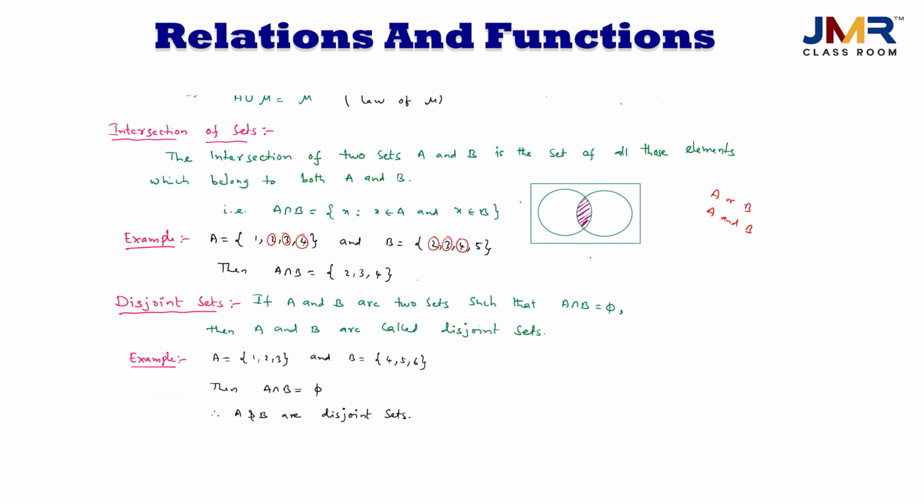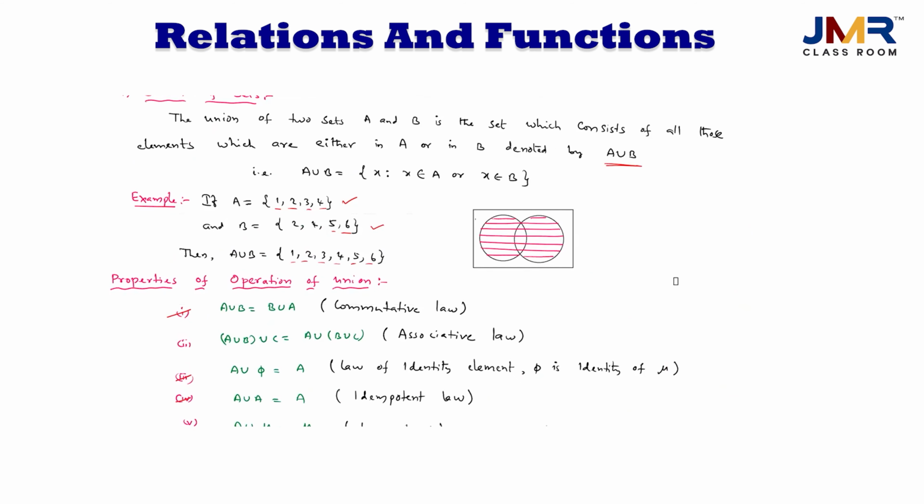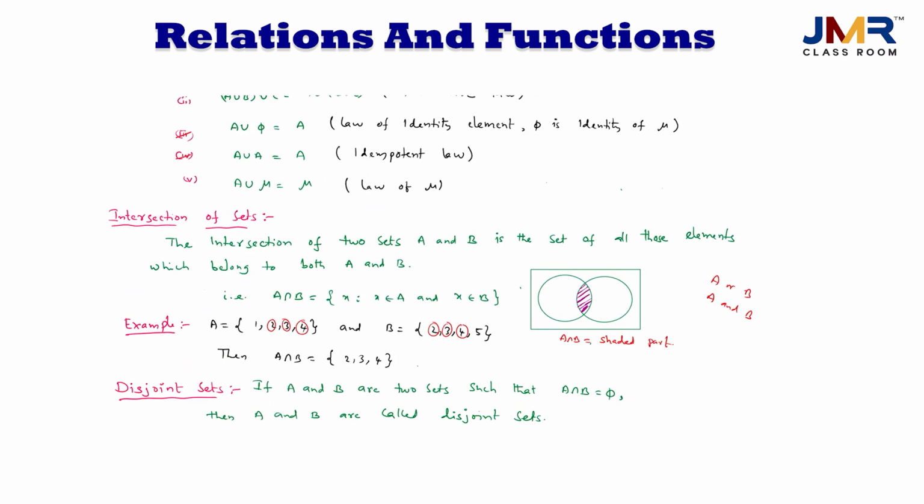So all three elements come to the intersection of these two sets, A intersection B. So here the shaded part is A intersection B in the Venn diagram. Here, A union B is again the shaded part. Understand?